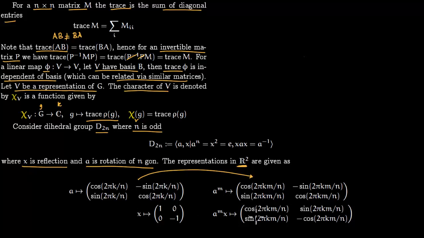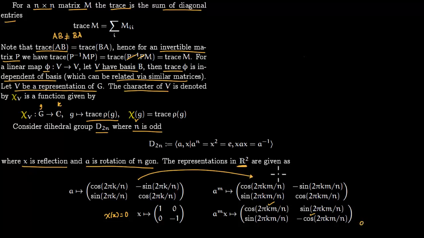Now you can talk about the characters of these matrices. The character of x you can see is 0, the sum of these two elements. Similarly, the character of this is also 0, because it's the sum of cosine of this element and this element, since you're talking about the sum of the diagonal elements. So this is positive cosine, negative cosine, which will be 0.